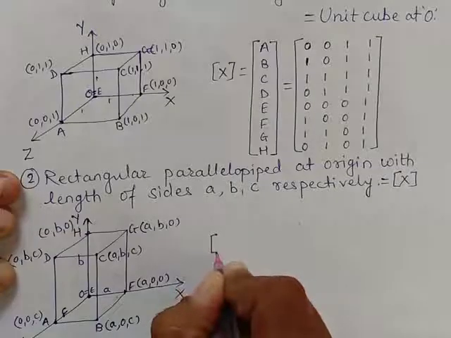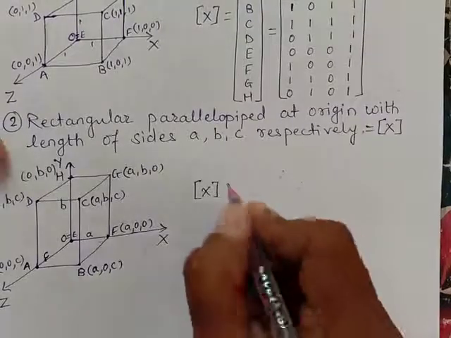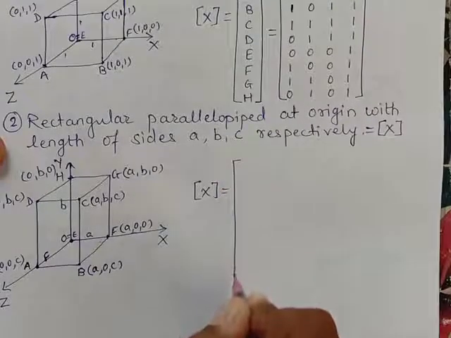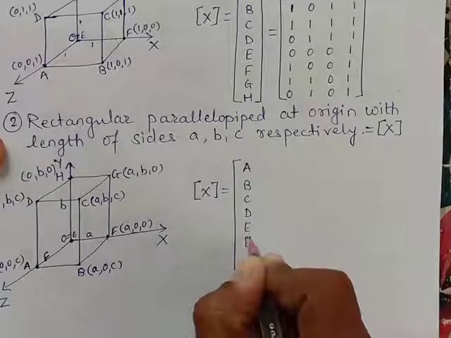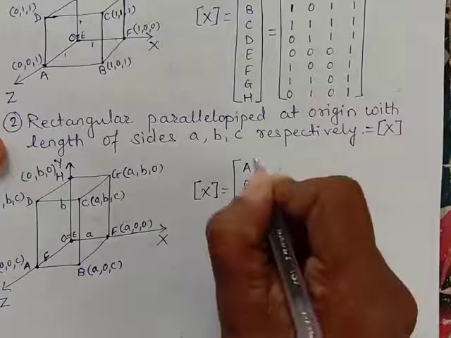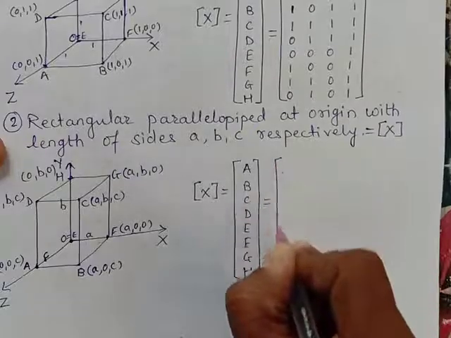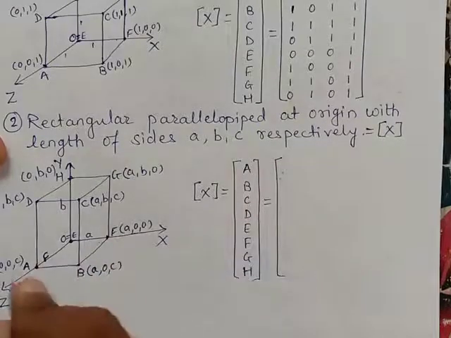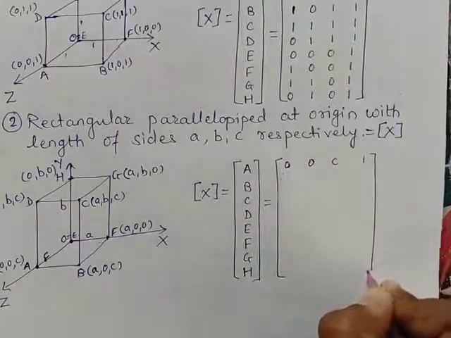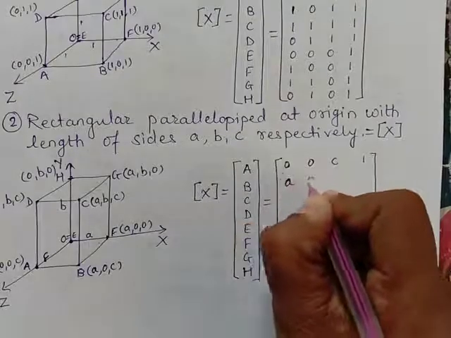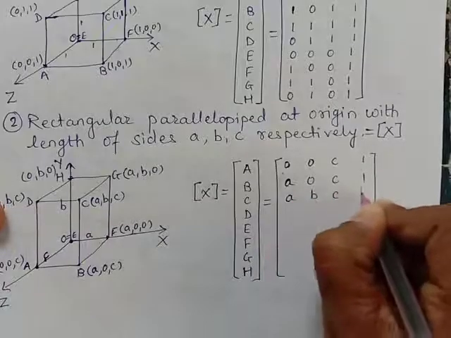So let's write this X, just like the previous one. Here again A, B, C, D, E, F, G and H. So A having 0, 0, C, 1. B, A, 0, C, 1. C, A, B, C, 1.